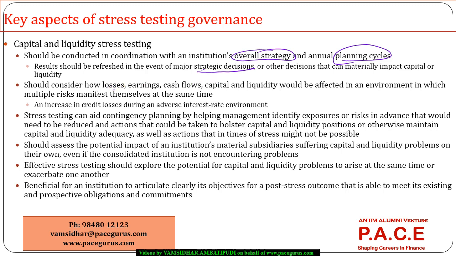And I also need to consider how the losses, earnings, cash flows, capital and liquidity would be affected when multiple risks are existing. Right? Are they going to have a diversification benefit, or are they going to really magnify? So take an increment in the credit losses during an adverse interest rate environment.